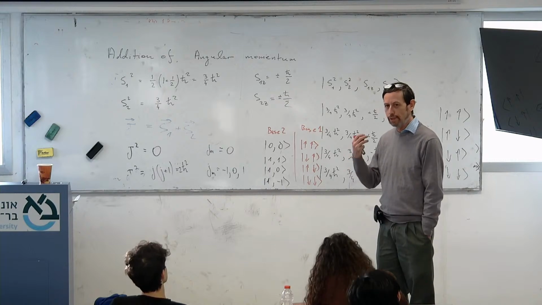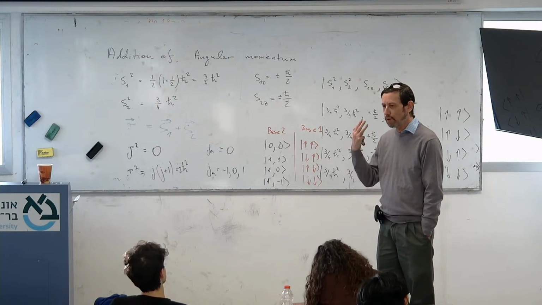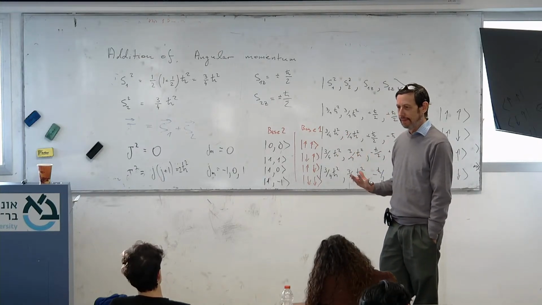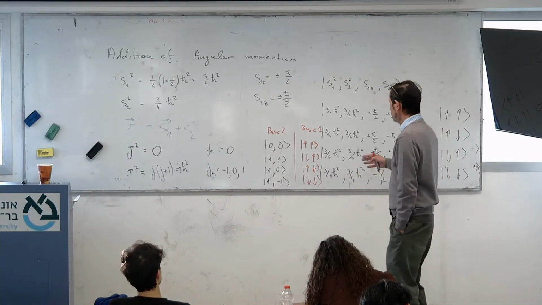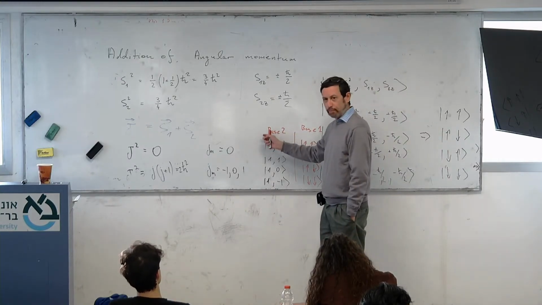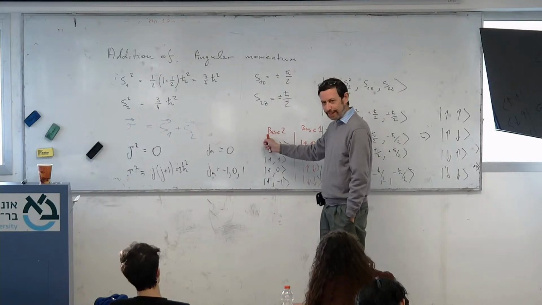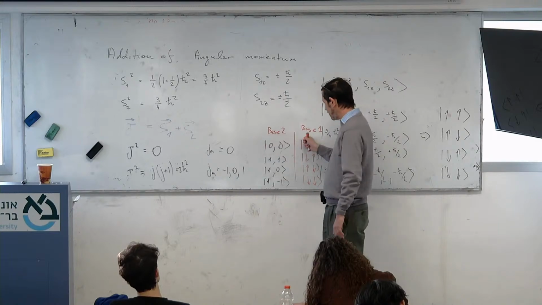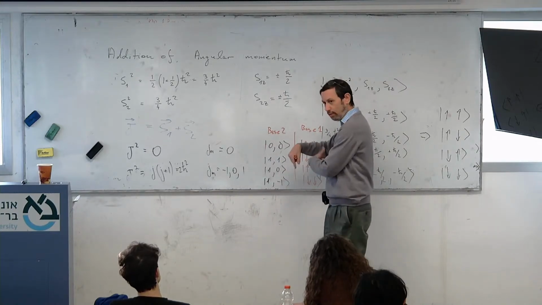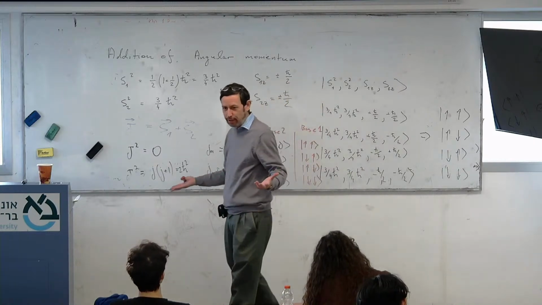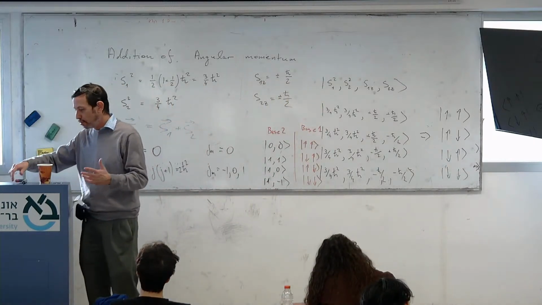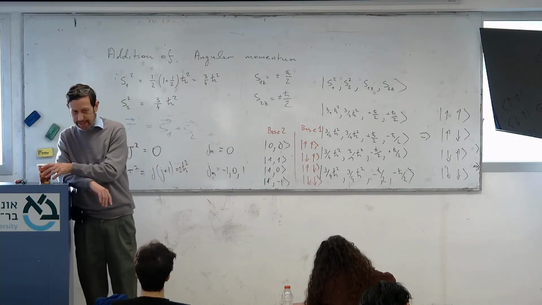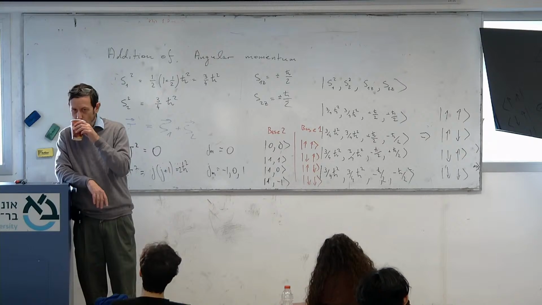Just the most naive description of what I do when I transform from a base to a base: I have to express this base function as some combination of these, or vice versa. That's all I do in base transformation. They have to be unitary and that gives me all kinds of rules, but in the end of the day, that's all that I do.